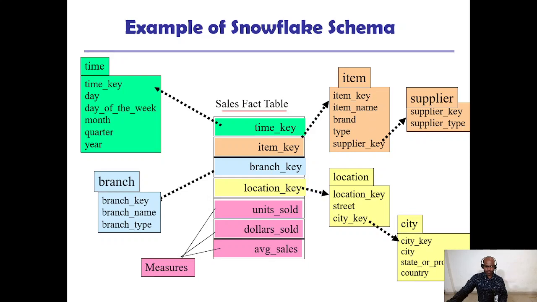But the slight improvement is that these are normalized tables, and an item in a dimensional table may be connected to other dimensional tables, forming a snowflake-like structure. So it is called a snowflake schema. The difference between star schema and snowflake schema is this: in star schema the fact table is connected to dimensional tables, but in snowflake schema the dimensional tables may be connected to sub-dimensional tables.